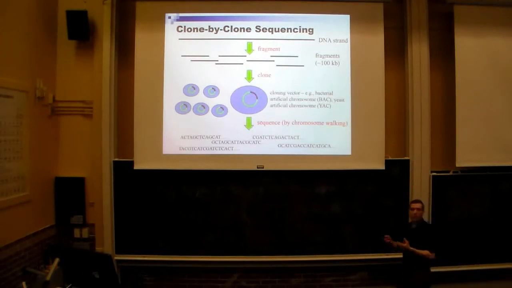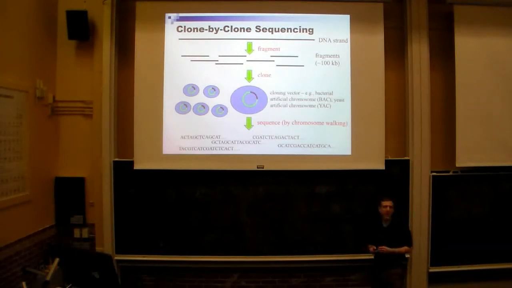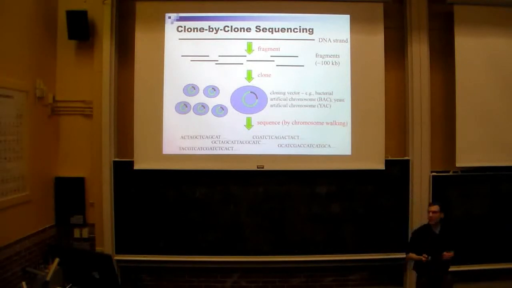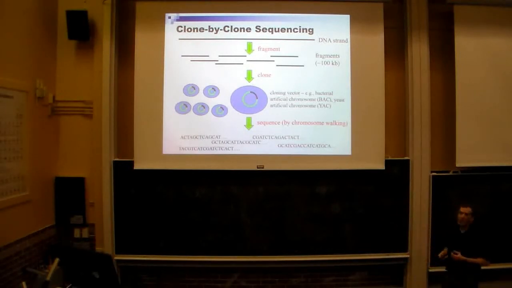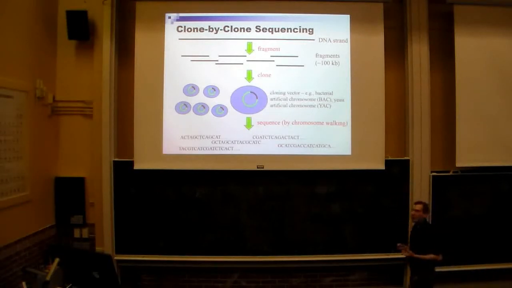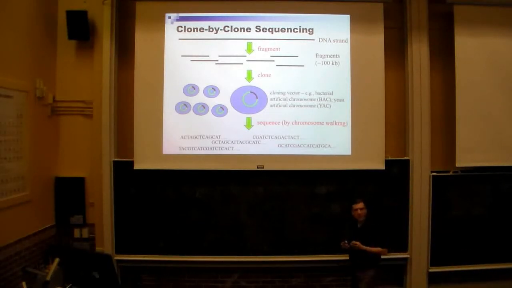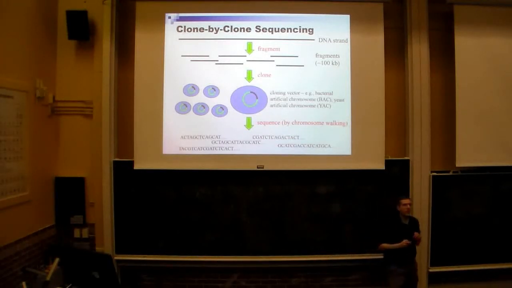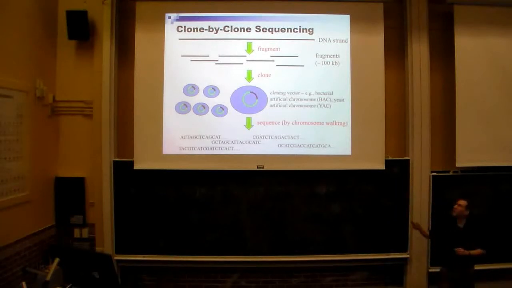So that means literally breaking up your chromosomes or many copies of them into large pieces of genome on the order of 100 kilobases or 200 kilobases. And then you clone these into some vector, so some organism, typically a bacterium, that will allow you to grow these up and generate many copies of a single piece of genome.